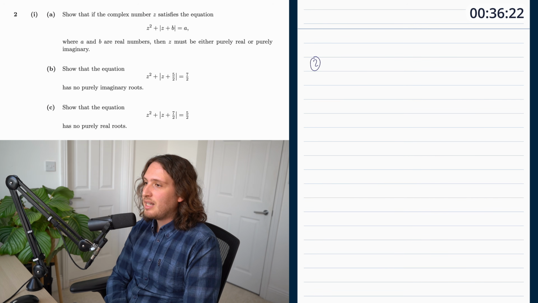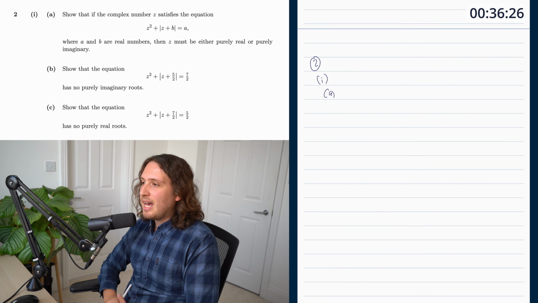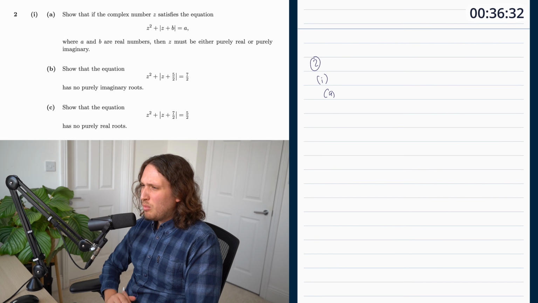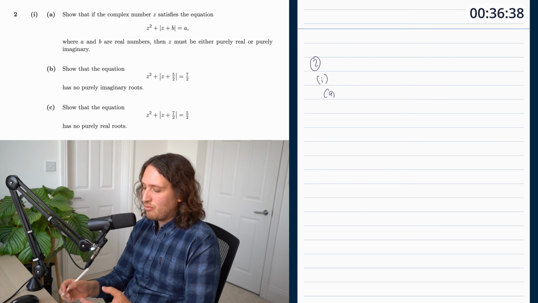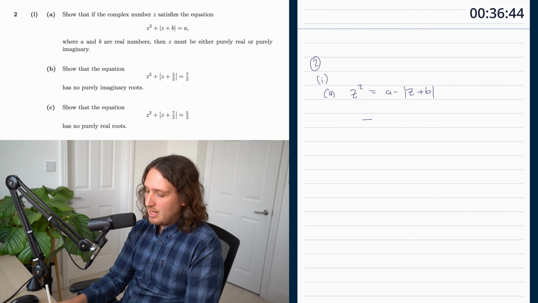So first of all, I need to deduce from this equation that z is either purely real or purely imaginary. Well, clearly z squared is, because I can make z squared the subject and it's something real minus a modulus. So, okay, z squared is a minus modulus z plus b. That means that z squared is real.